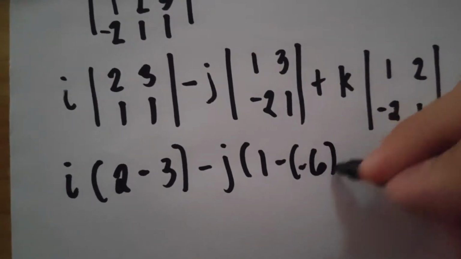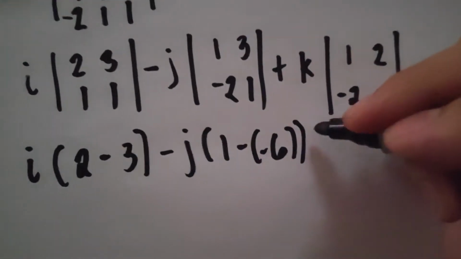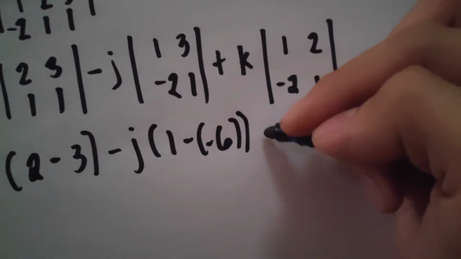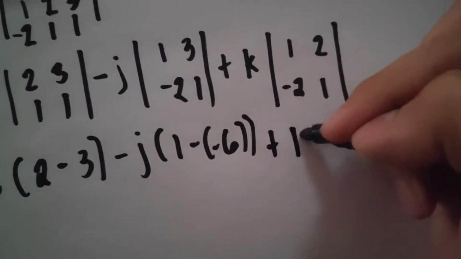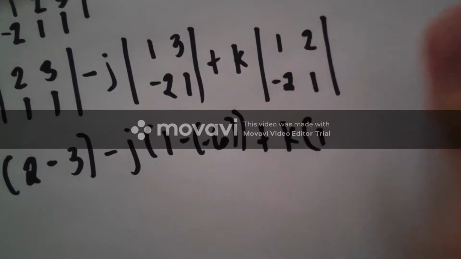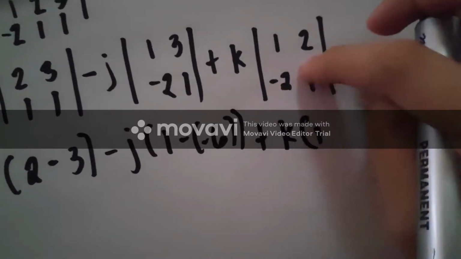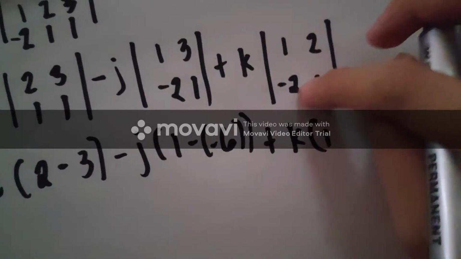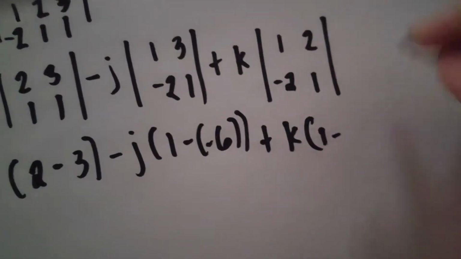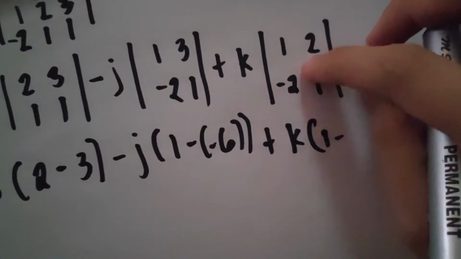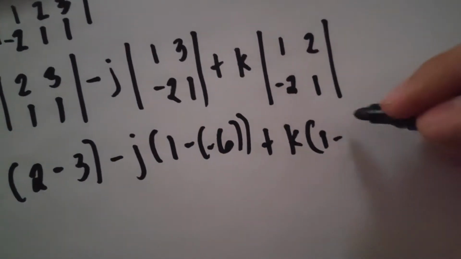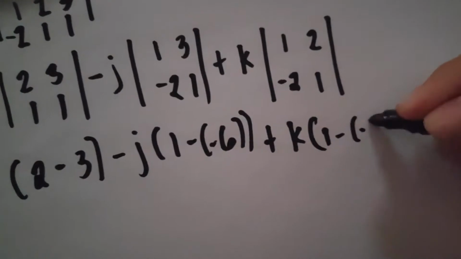While for the k, which has the values of 1 times 2 minus the multiplication of these two values, which is -4.